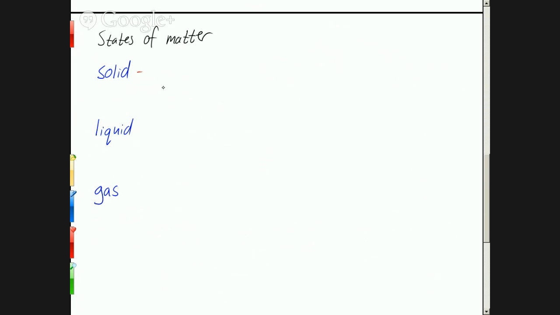We're going to say that a solid is matter with a defined shape and volume.